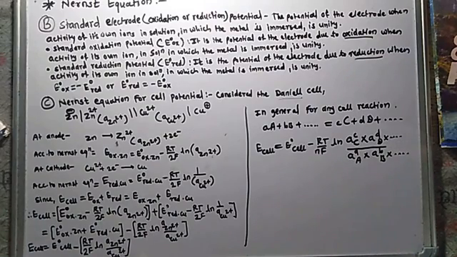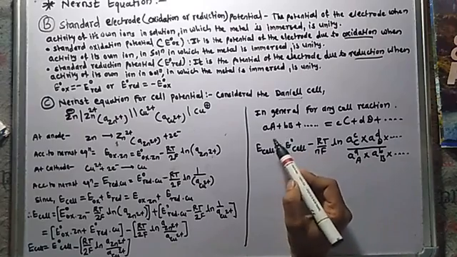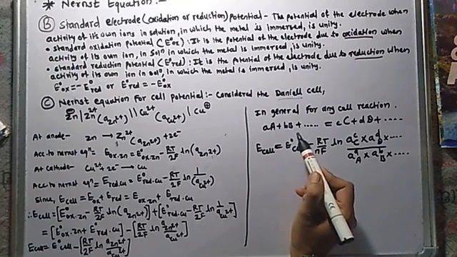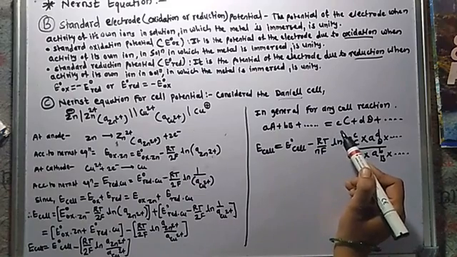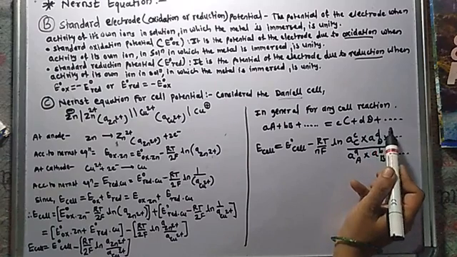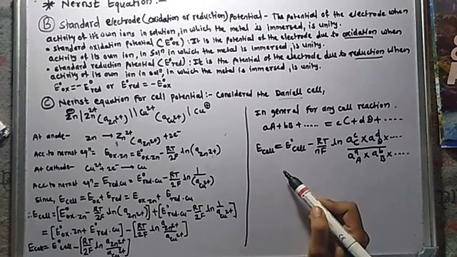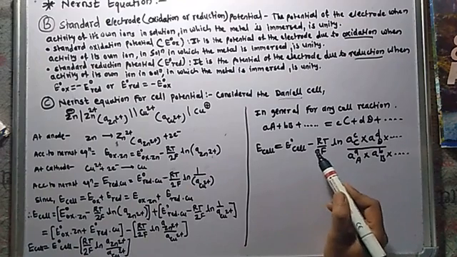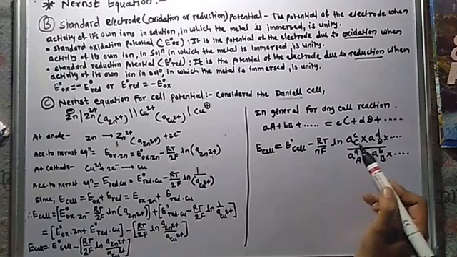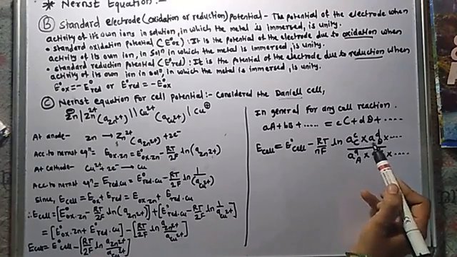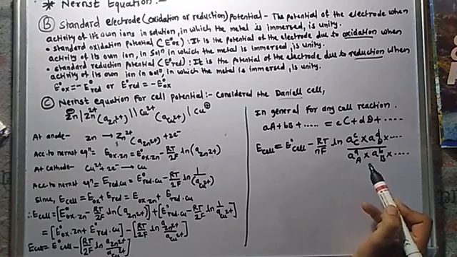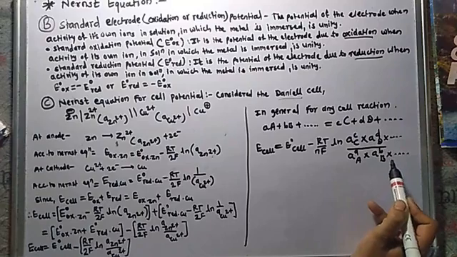This is the standard cell potential. Also, if we consider any general cell reaction, that is a moles of A plus b moles of B plus so on, gives c moles of C plus d moles of D plus so on, then for this cell reaction we obtain E cell equal to E standard of cell minus RT upon nF ln of activity of C raised to c into activity of D raised to d and so on, divided by activity of A raised to a into activity of B raised to b and so on.